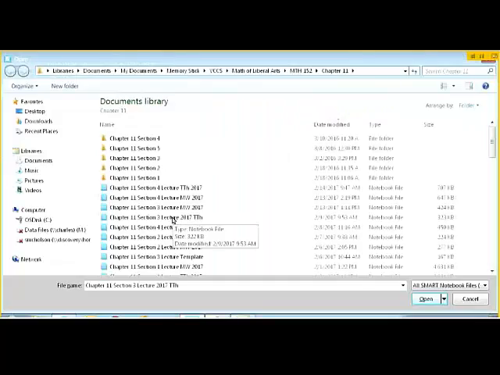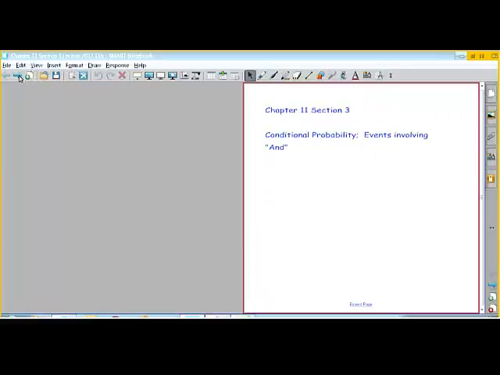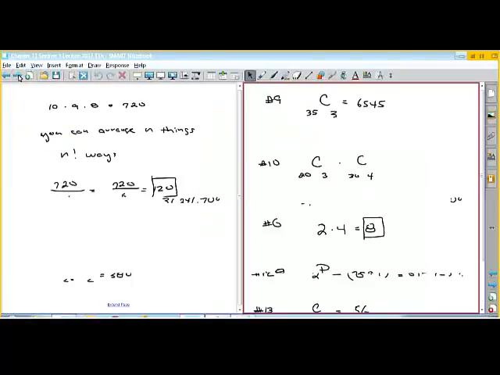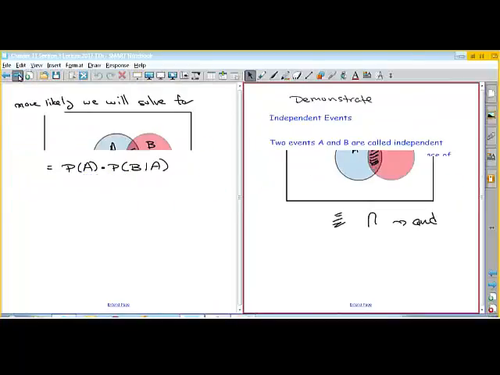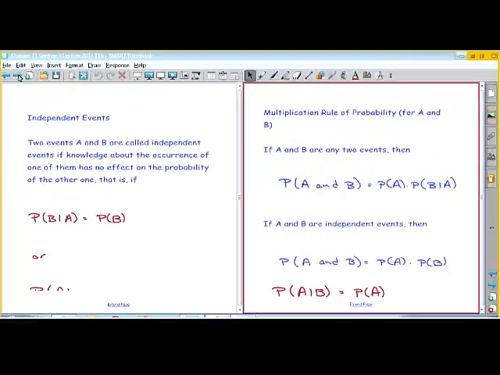No, section 3. So that was and. So events involving and. We have this conditional probability thing, but one of the key things here is if the events are independent, which is what's happening in this case.